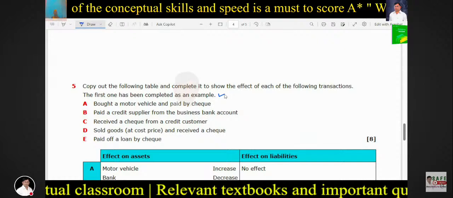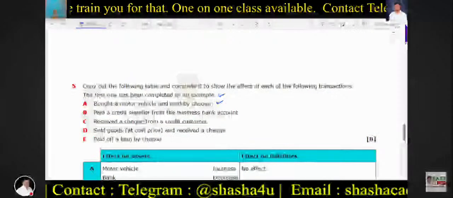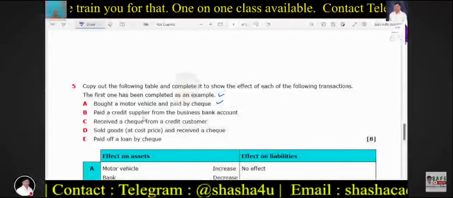So next one, paid a credit supplier from the business bank account. So what is happening here? So supplier is a liability. Liability is coming down, and bank account is also coming down. So there is decrease in bank balance, and there is decrease in creditor also, supplier.